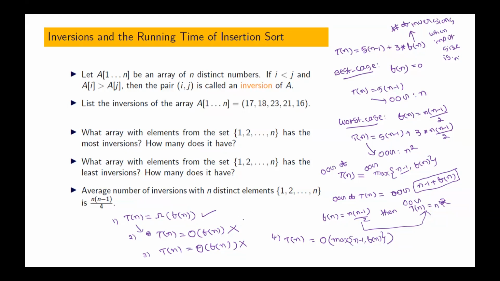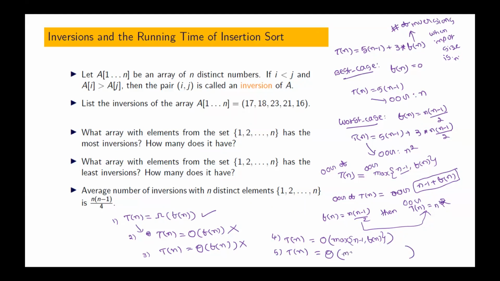Now give me the answer for T of n in terms of theta. So same, we need to write maximum of n minus 1 and f of n.